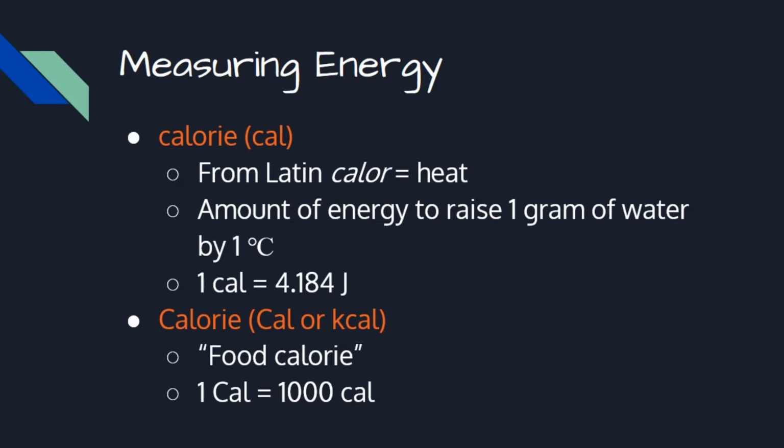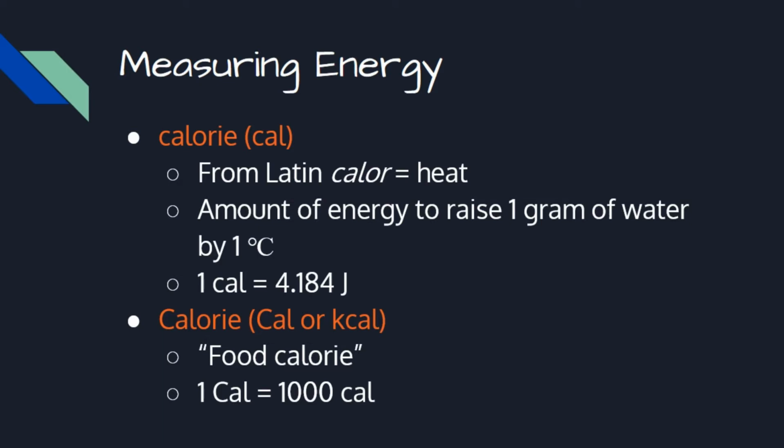And the way we distinguish between those, again, because chemistry is not confusing enough, we give two different units the same name. Calorie with lowercase c is the amount of energy to raise 1 gram of water by 1 degree Celsius. Capital C Calorie is the kilocalorie.